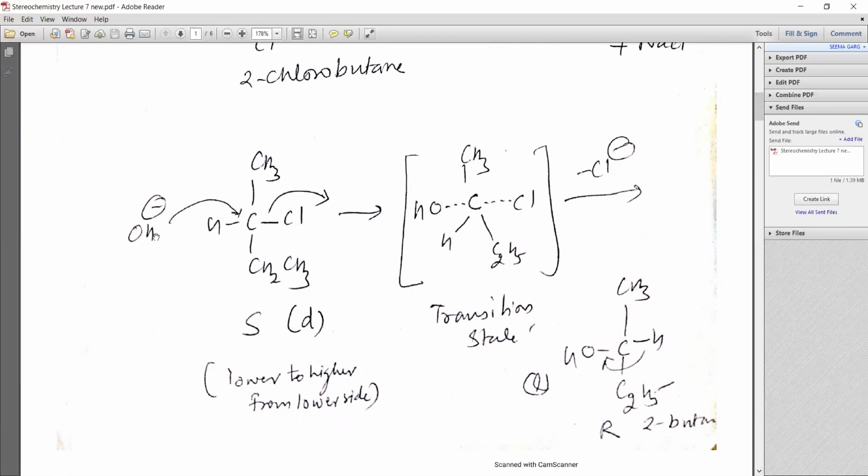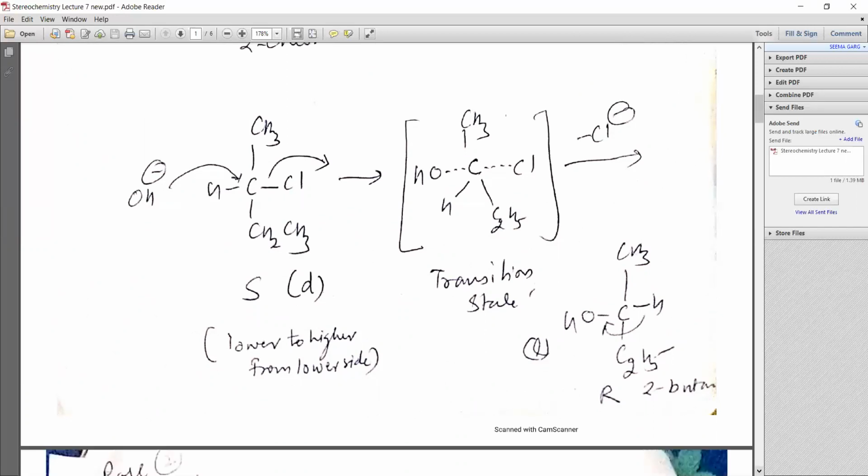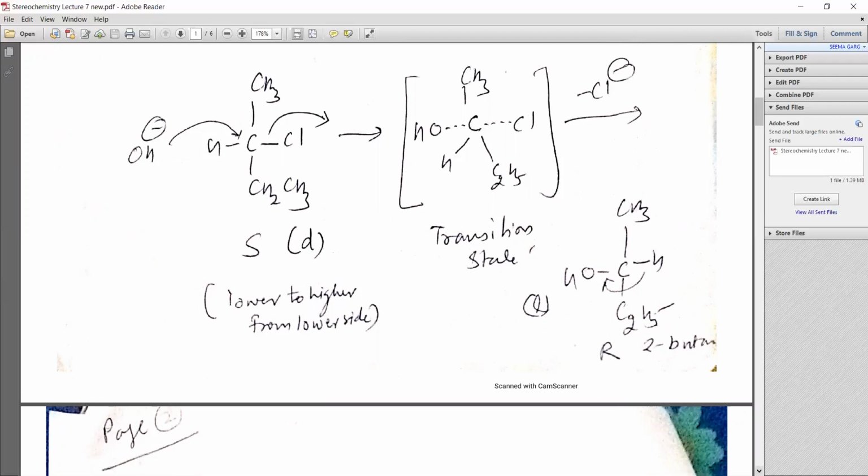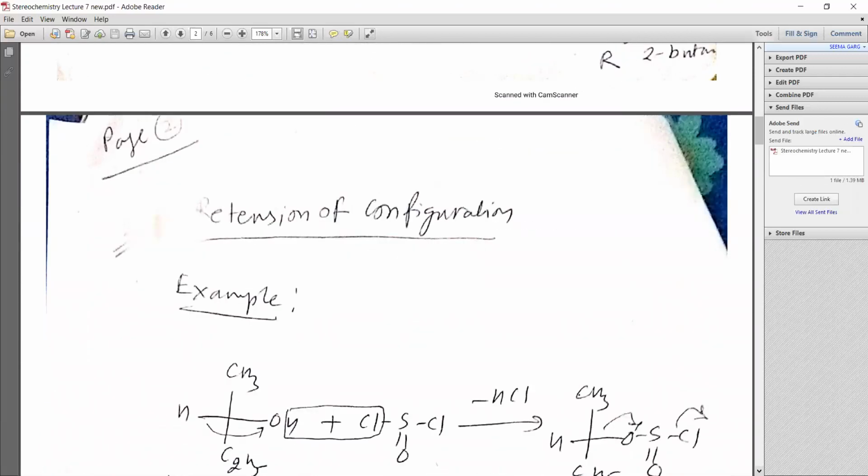So here, the dextrorotatory starting material is converted into levorotatory in the product. So there is inversion of optical activity, and it is known as an inversion reaction.